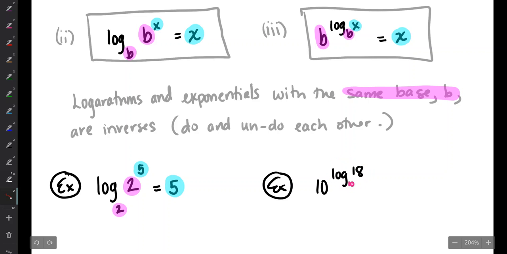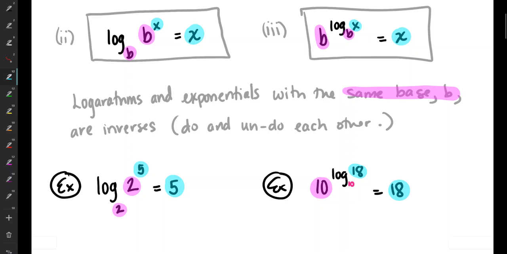However, I have the base of my exponent, 10. The whole exponent here is the log, right? And the base of my exponent and the base of my log are the same. Log base 10 and 10 to the power of do and undo each other. I'm just going to get 18.